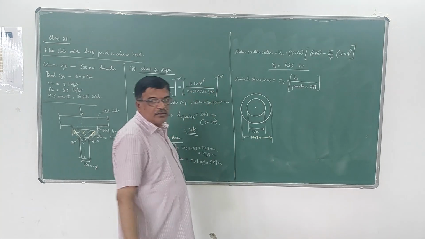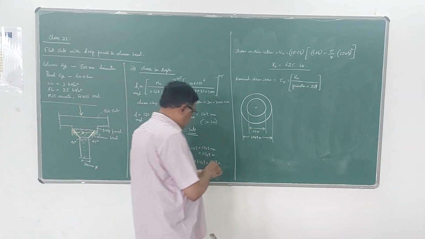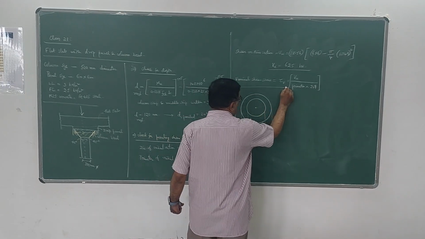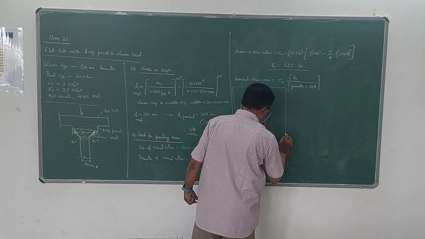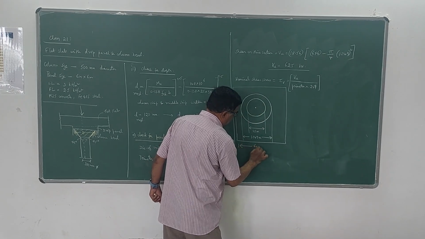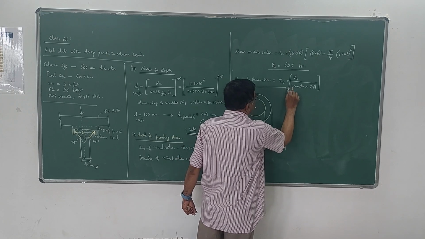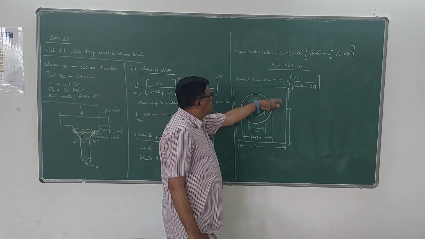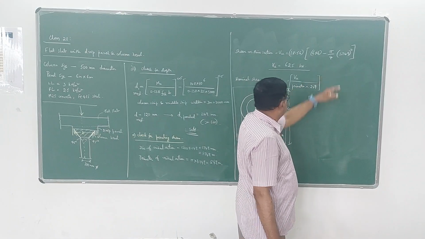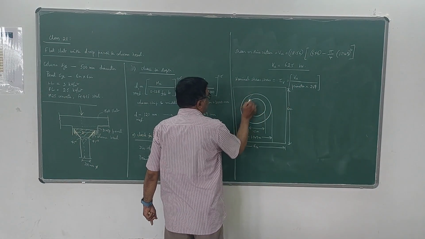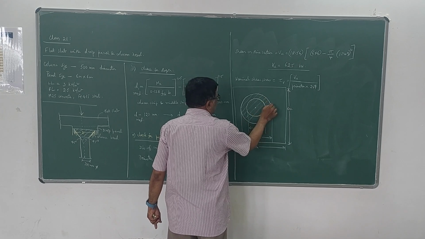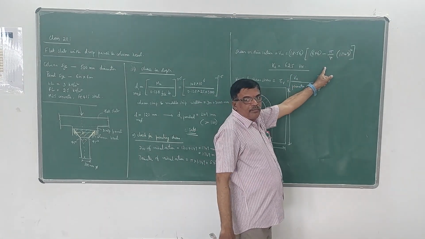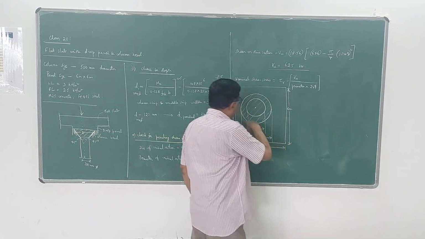When calculating punching shear, we take this panel, which is of size 6 meter by 6 meter. The total area is 6 by 6, and from that we deduct this much area. So the remaining area will be only this, total area minus this area.